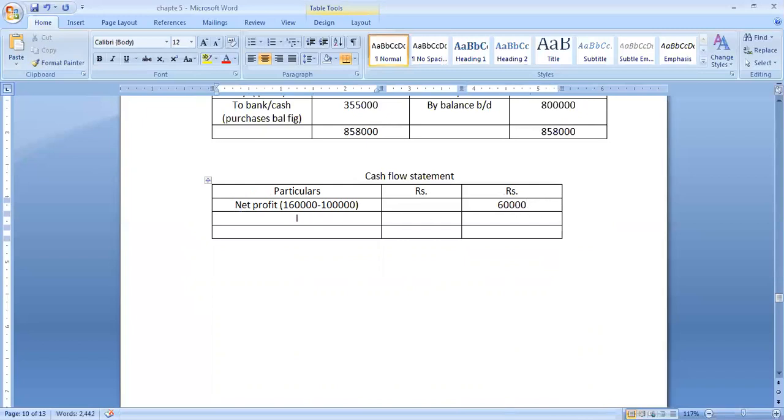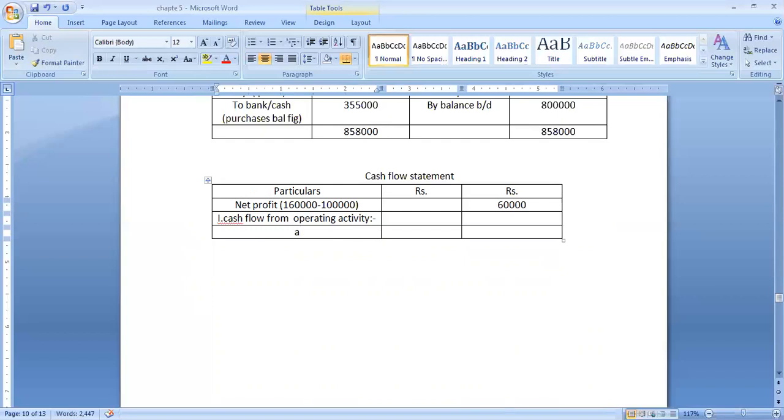Now take cash flow from operating activity. So which are the operating activities? You will take all the non-cash incomes and expenses into consideration.